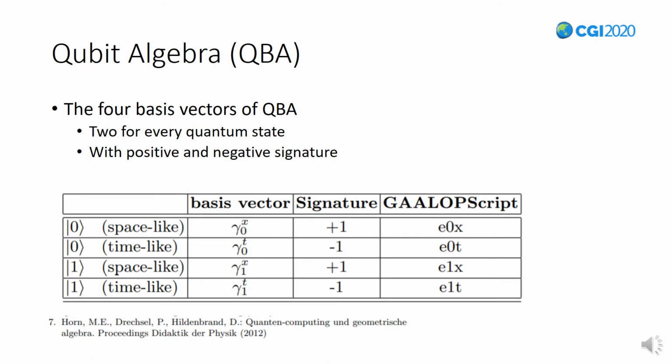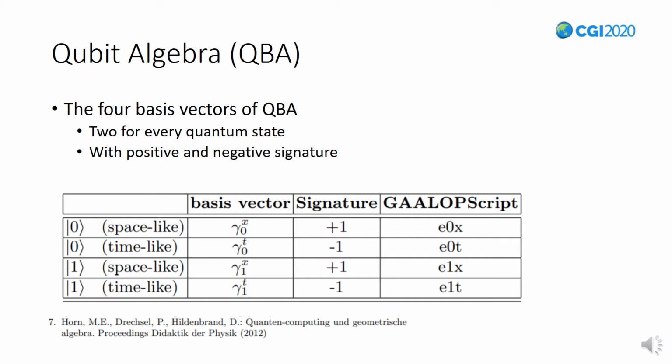Let's come now to the geometric algebra we propose for quantum computing. It is called qubit algebra, or QPA for short. This algebra consists of 4 basis vectors, 2 for every quantum state, and with positive and negative signatures.